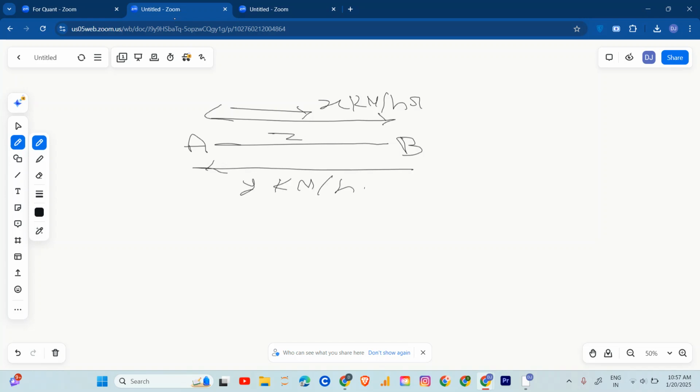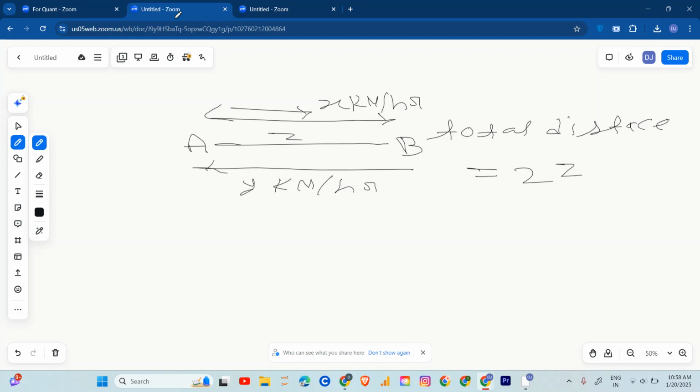Fine. Now, the total distance will be 2z. Total distance is equal to 2z.